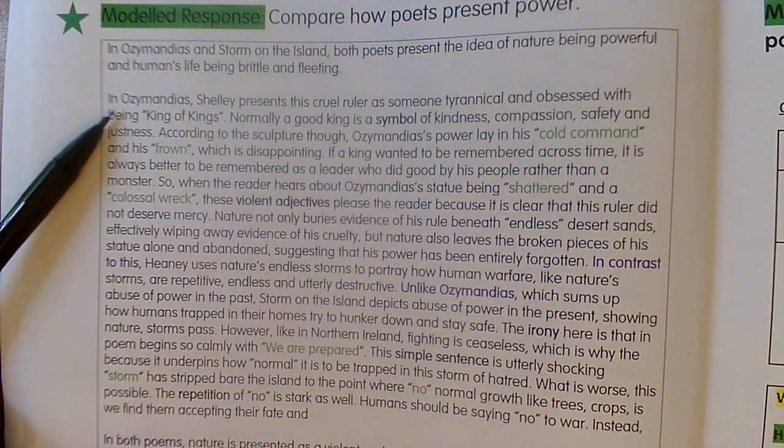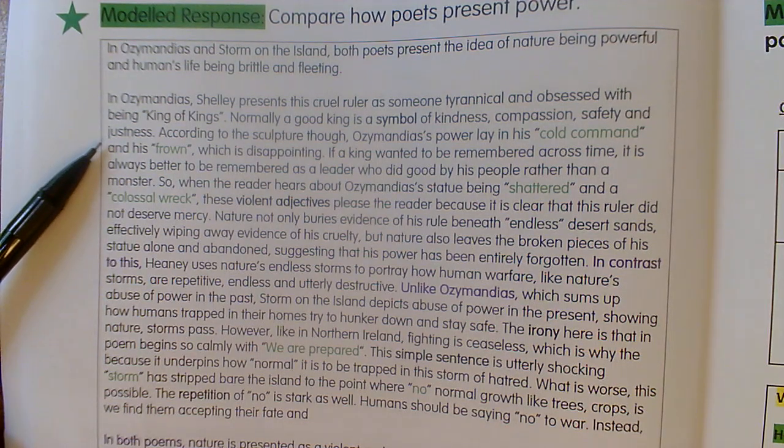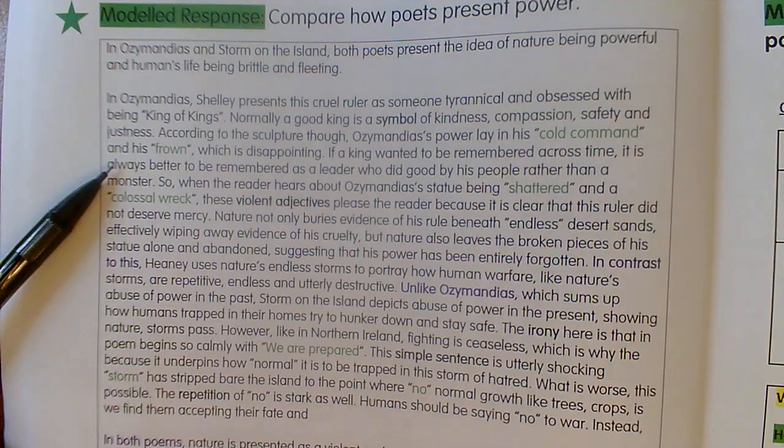In Ozymandias, Shelley presents this cruel ruler as someone tyrannical and obsessed with being king of kings. Normally, a good king is a symbol of kindness, compassion, safety, and justness. According to the sculptor, though, Ozymandias' power lay in his cold command and his frown, which is disappointing.